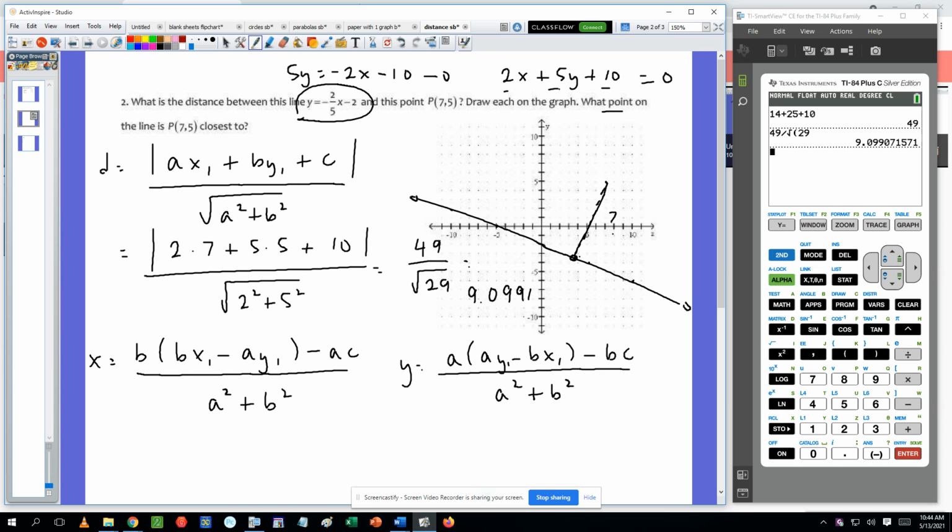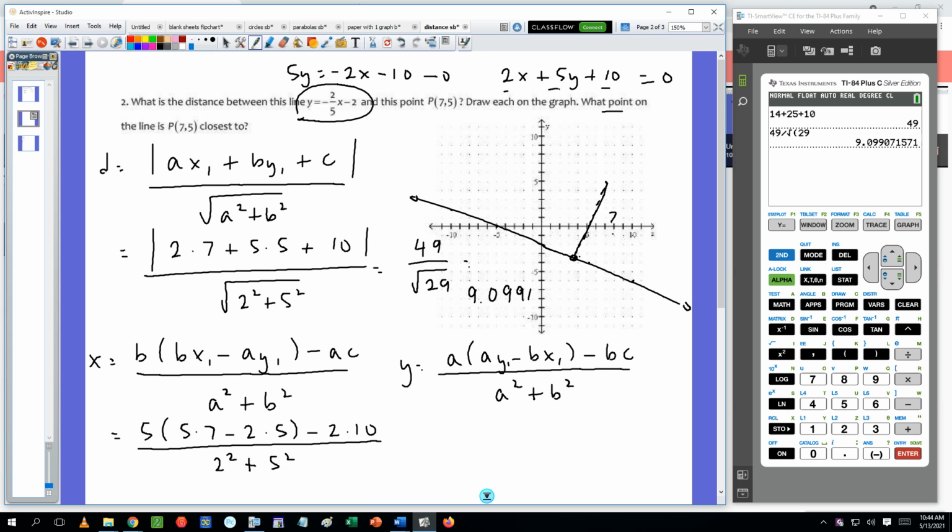Okay, so B, 5, times 5, times x, 7, minus A, 2, times the y, 5, minus the A, 2, and 10 for the C, over 2 squared and 5 squared. I'm going to do the same thing for the y.